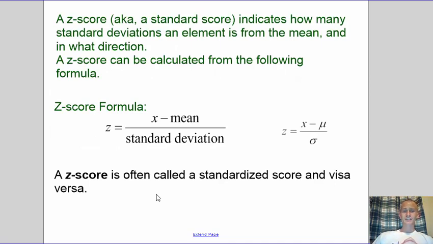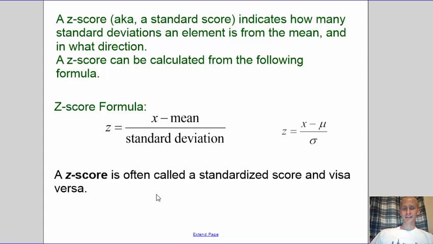So here is the definition of z-score. You can copy this down into your notes wherever there are some missing spaces, but I'm going to go through it in a little bit of detail. It indicates how many standard deviations an element is from the mean and in what direction. So two things: number one, how far is it? Number two, what direction is it? Just by looking at that one number, it gives you an idea of magnitude and direction.